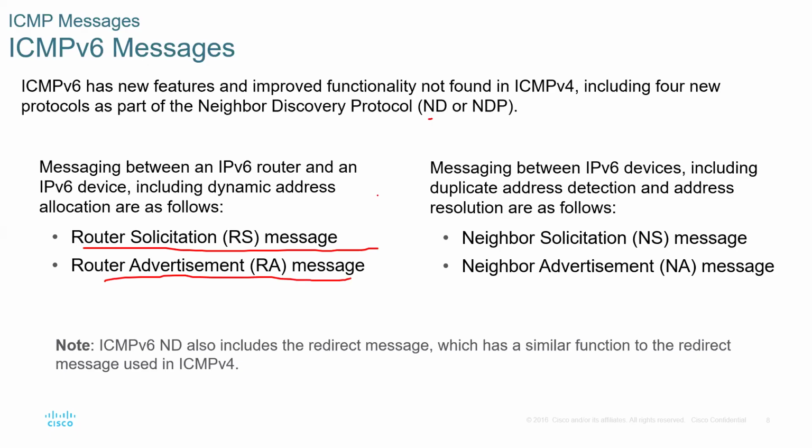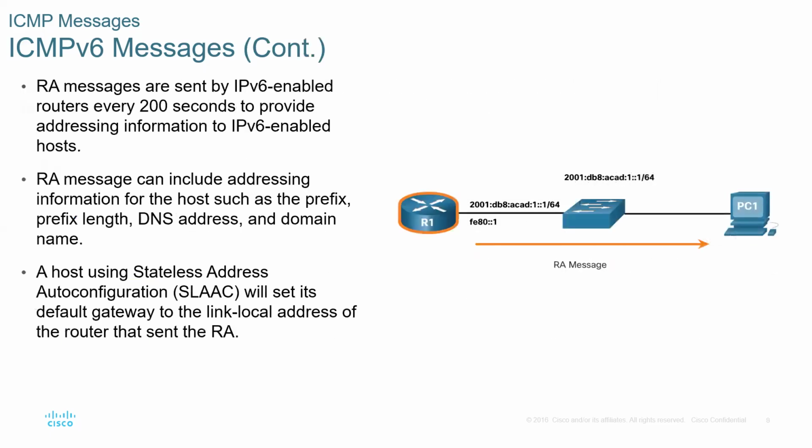Messaging between IP version 6 devices, including duplicate address detection and address resolution, are the neighbor solicitation message and then the neighbor advertisement message. Those are the additional features that ICMP version 6 has that you don't find in IP version 4.